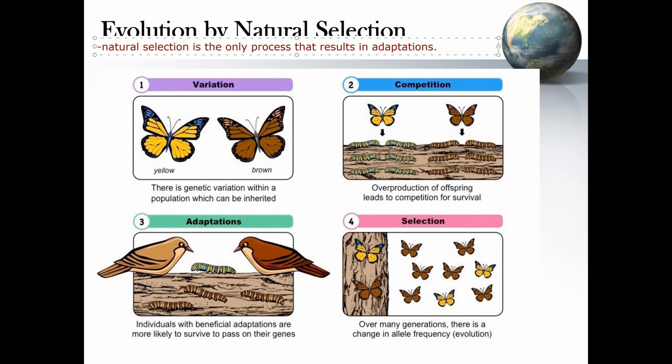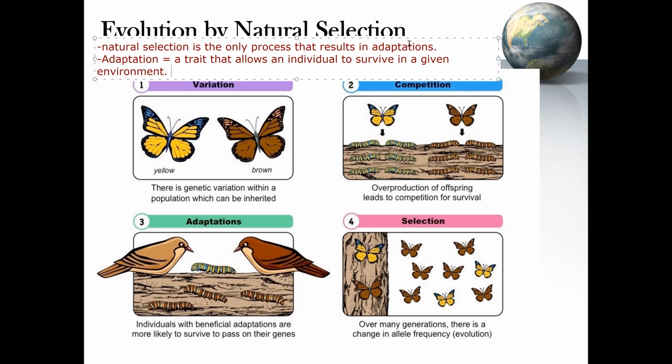An individual having certain traits that allow it to survive in a given habitat. So an adaptation is a trait that allows an individual to survive in a given environment. So natural selection is the only way that adaptations arise.